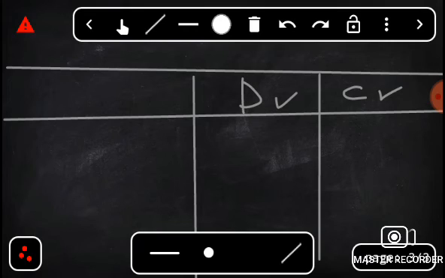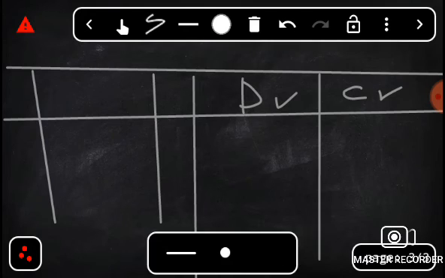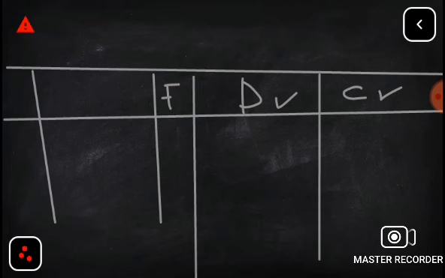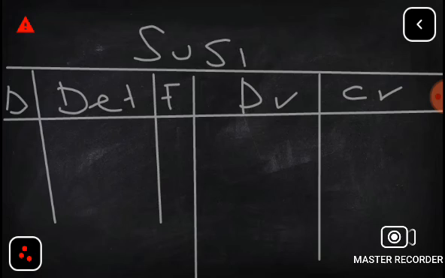So let's just prepare a suspense account quickly and look at how we record our transactions in it. We have folio there, we have details, and we have date. Then this is the suspense account. In the suspense account, we only record things that affected our suspense, or things that affected our trial balance.